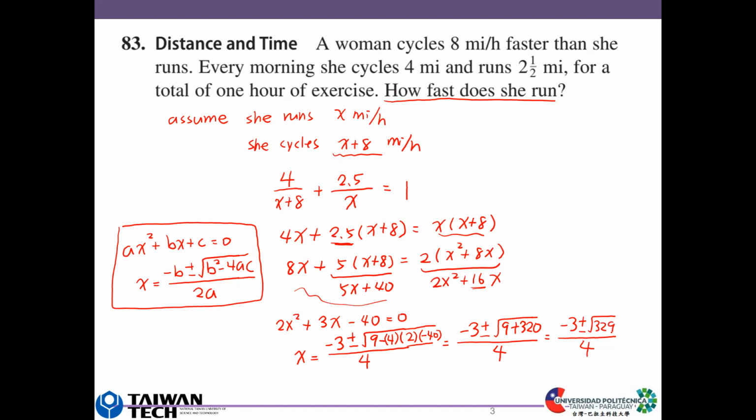Okay. So this is the speed, because we assume this variable is the speed of this woman who runs x miles per hour. But for a quadratic equation, you have two solutions, right? For this quadratic equation, you have two answers, and one of the answers is minus 3 minus square root of 329 over 4.